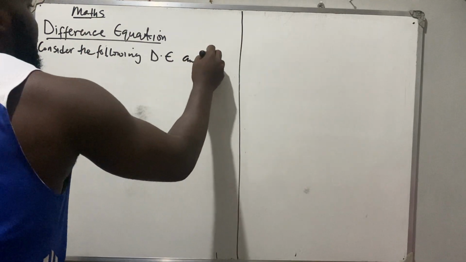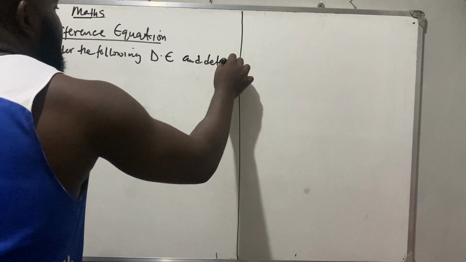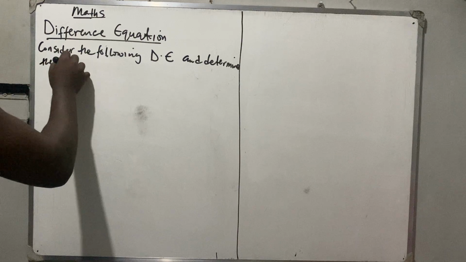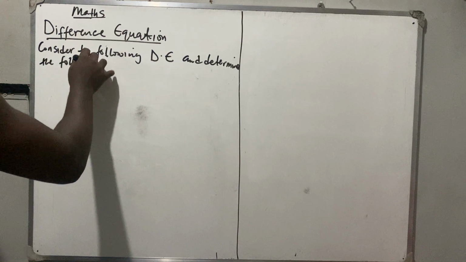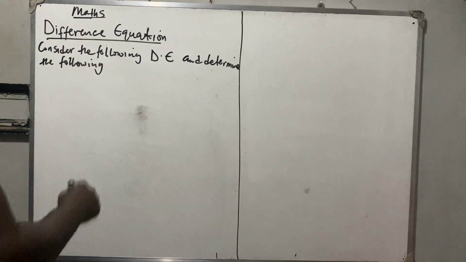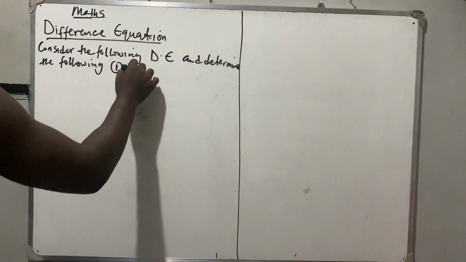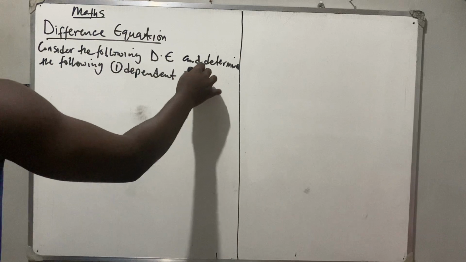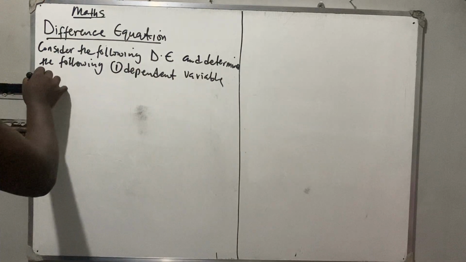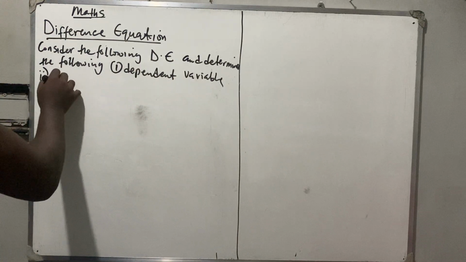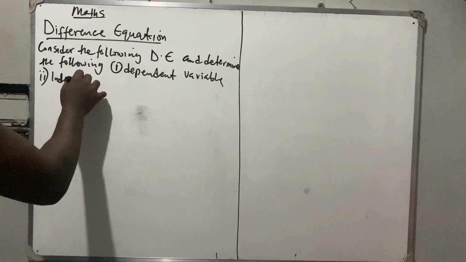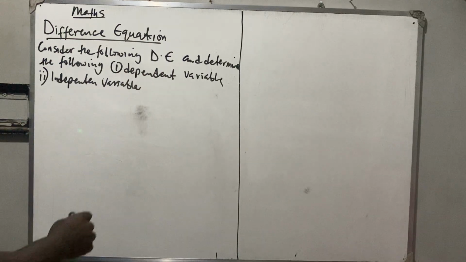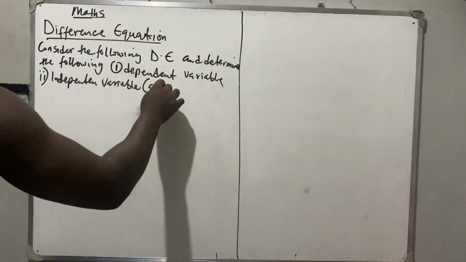Determine the following: 1, the dependent variable. 2, the independent variable. Like I told you before, the independent variable can also be called the argument.